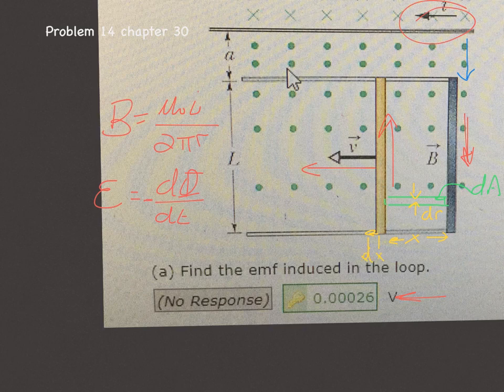So it'll increase by the rate at which the bar is moving. And at each of these locations, the magnetic field is different for each dA, right? So what we're going to have to do is add up all the dAs in that space out to length L.